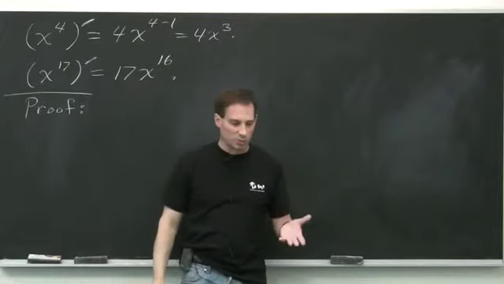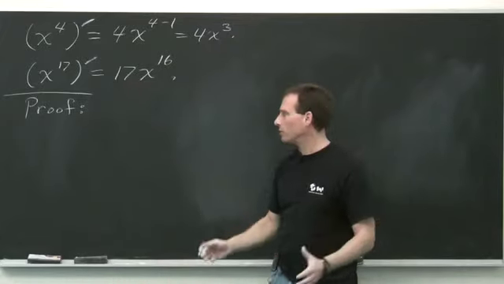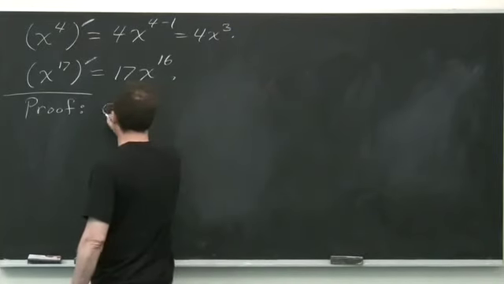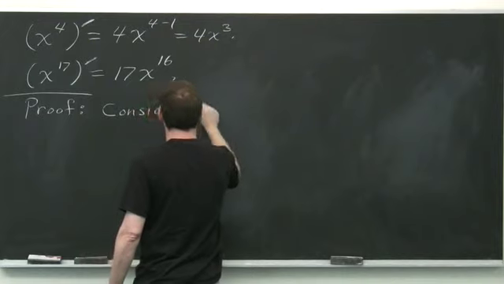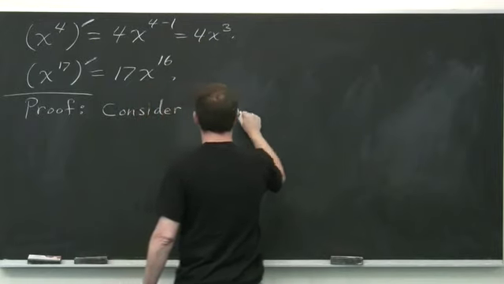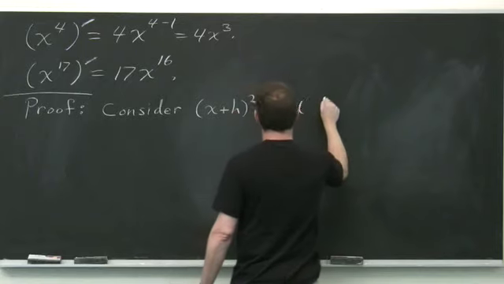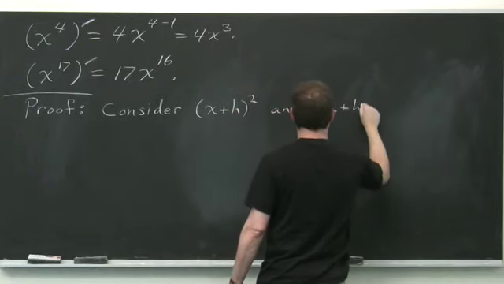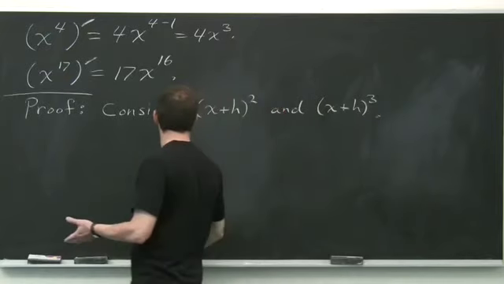It relies on expanding binomials raised to powers. So proof, let me do a couple of quick cases. Consider (x plus h) squared and (x plus h) cubed. I just want to do these as an example before I do the general case.